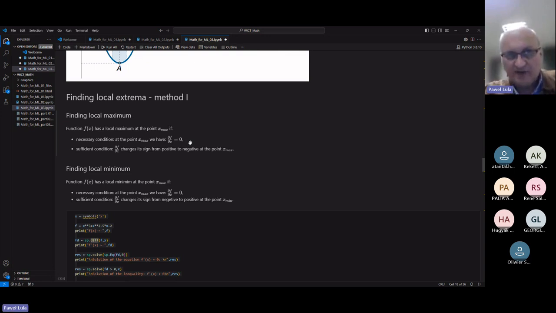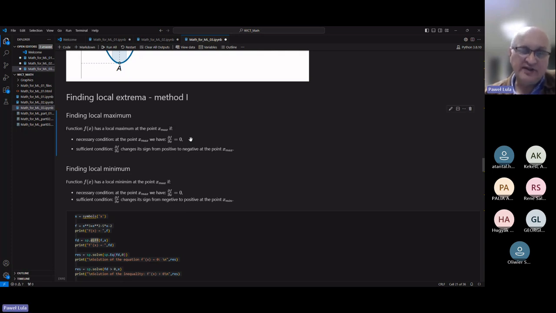So the first task is finding the definition of the first derivative function. Next, we should solve this equation: first derivative is equal to 0. And we should find x values for which it is true.